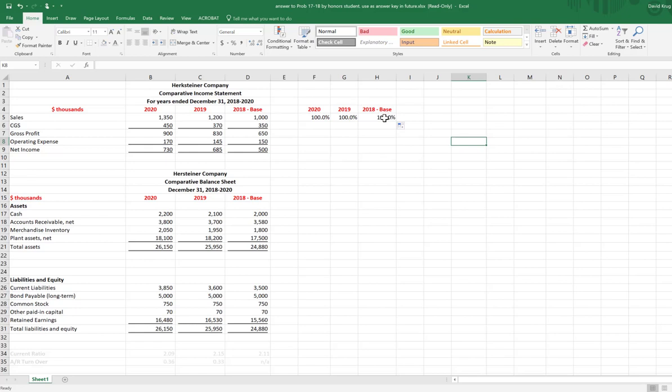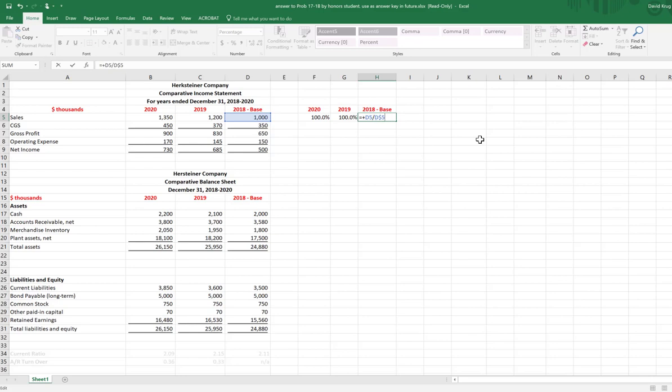First thing you could do is push F2 to edit that, then push F4. Now let me push F4 again, F4 again, and then F4 again. Right now there's no absolute values on that denominator. If I push it once, it's locking in that absolute value of D5, of column D and row 5.